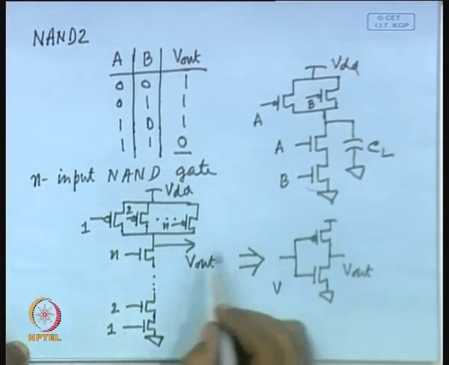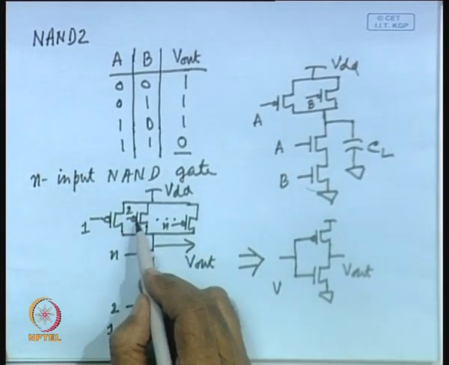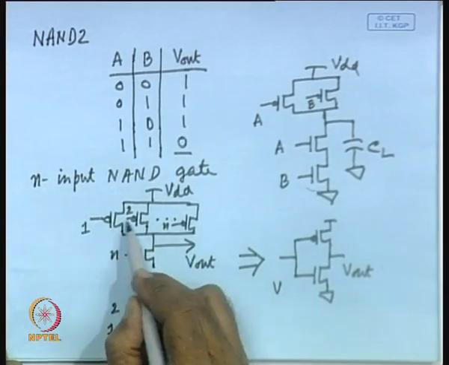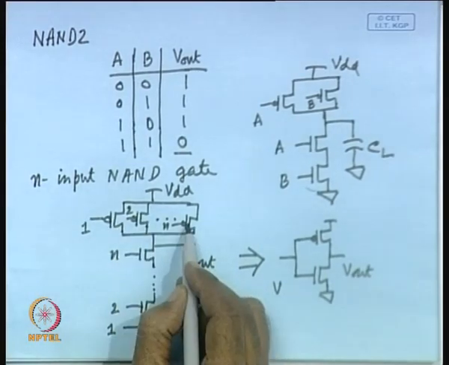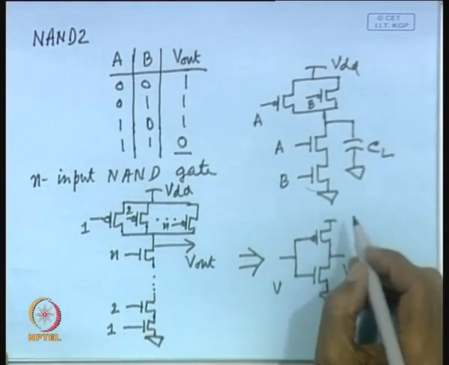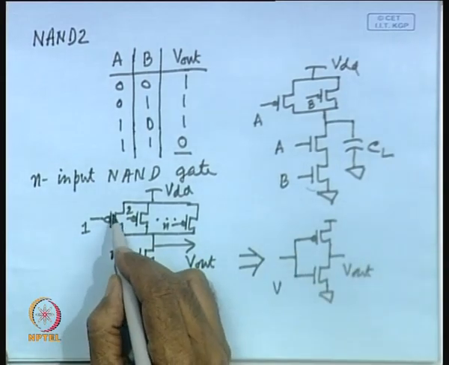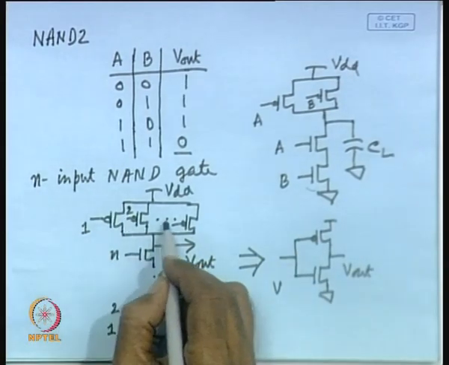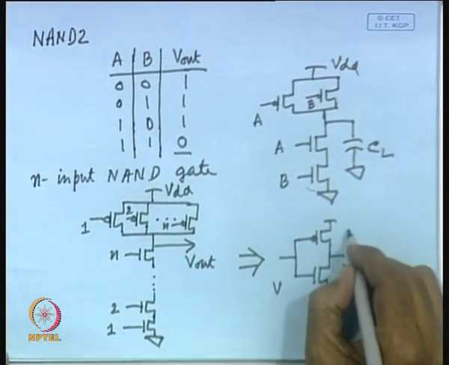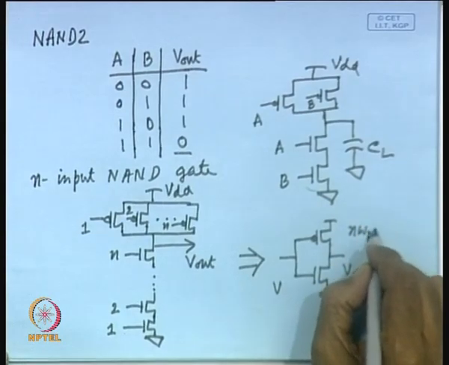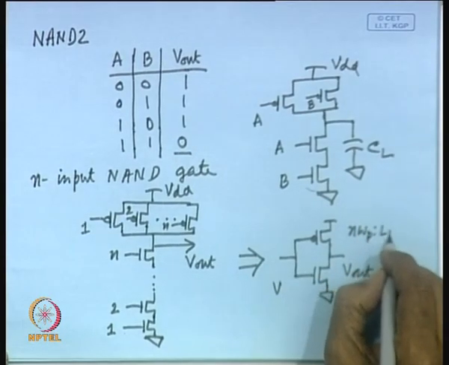So, we shall see how the transfer characteristic is affected. Since there are n PMOS transistors in parallel, as if n resistors are in parallel, their widths add up, and so the W by L ratio will be n W p by L p.